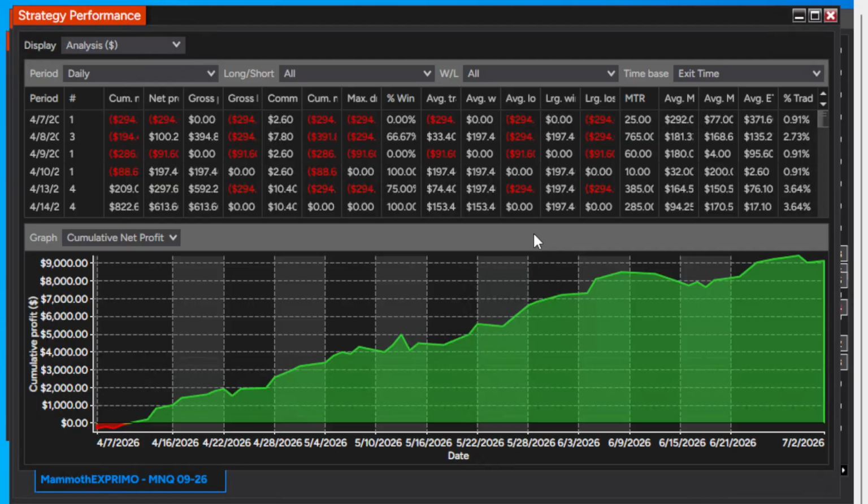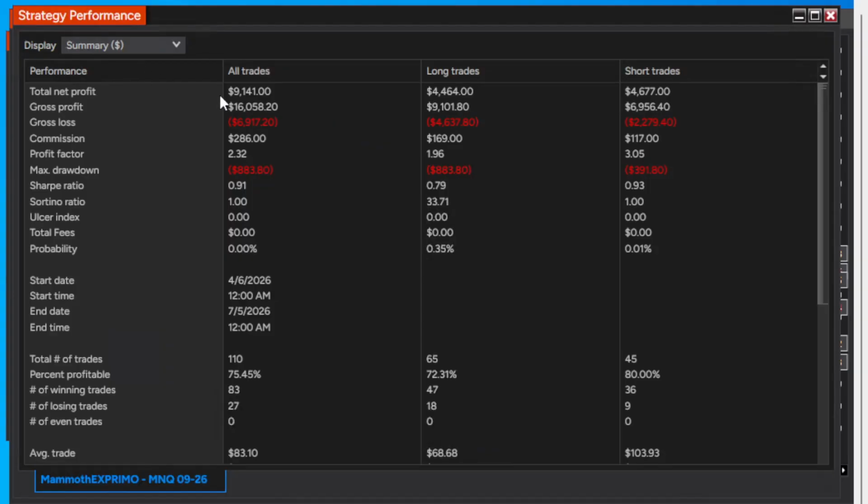Right now you're looking at the performance of the strategy for the last 90 days, April 6th to July. The max drawdown is $883.80, and the net is 9,000.